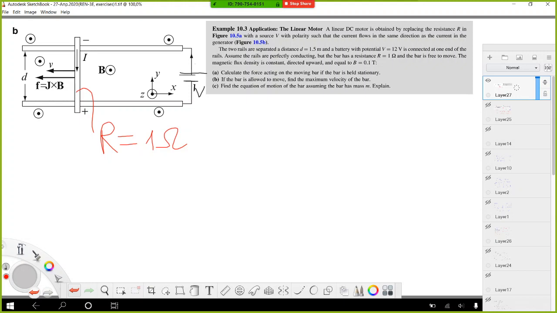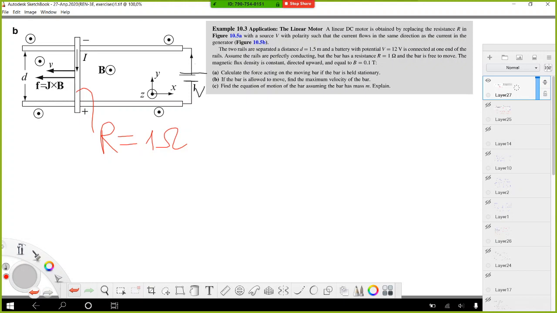Well, if the bar is held stationary, it means we are holding the bar and the bar is not moving.